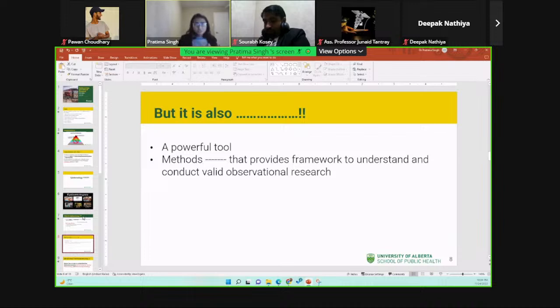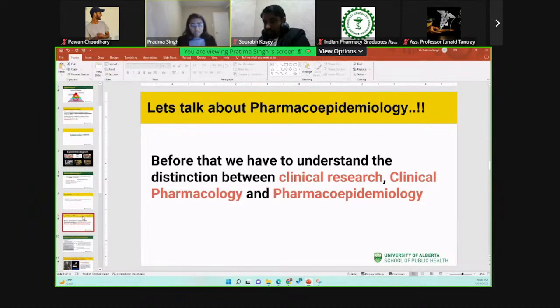We do study those things, but where do we apply them in our hospital posting? I think here is the need, right? Why we don't apply them is that we do not have a sound knowledge of pharmacoepidemiology. I didn't have it, and I had this quest while I was pursuing my PharmD to understand what I'm learning from all those 3 years of pharmacology, how I'm going to apply it.